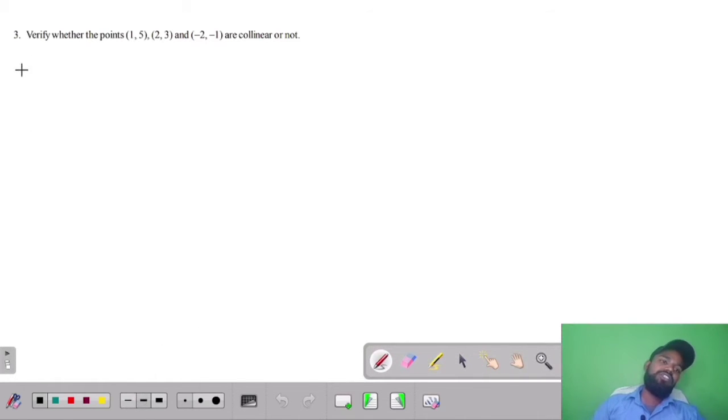Solution, I am writing here. Collinear means the sum of the two segments is equal to the third segment.